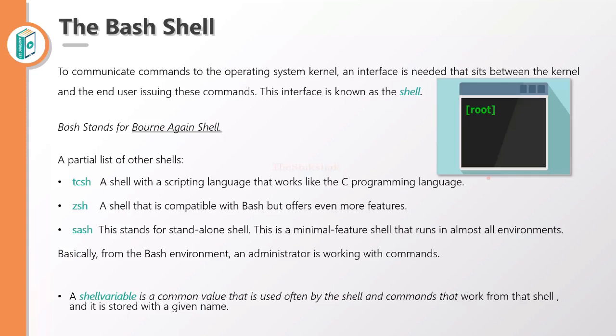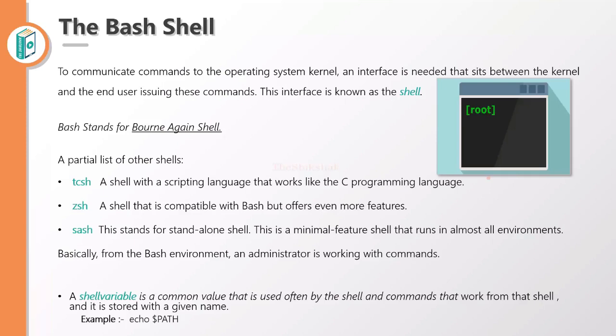Now a shell variable is a common value that is used often by the shell and commands that work from that shell, and it is stored with a given name. जैसे हम लोग शेल सी में एक वेरिएबल डिफाइन करते थे और वेरिएबल का एक नाम रहता था और फिर उसका एक वैल्यू स्टोर होता था, वैसे ही शेल वेरिएबल का एक नाम दिया जाता है और उसका एक वैल्यू स्टोर करते हैं.